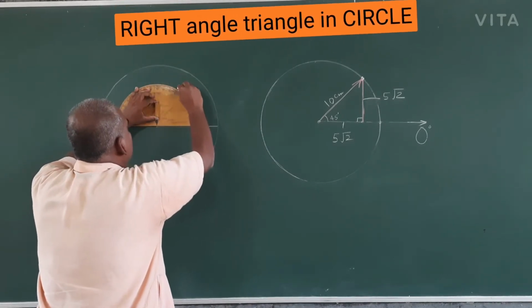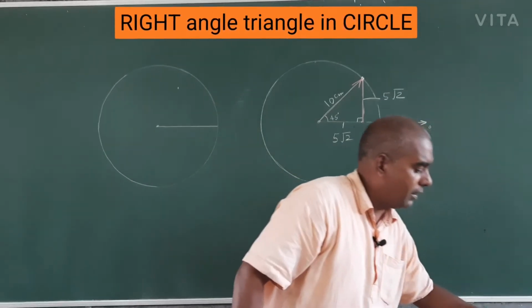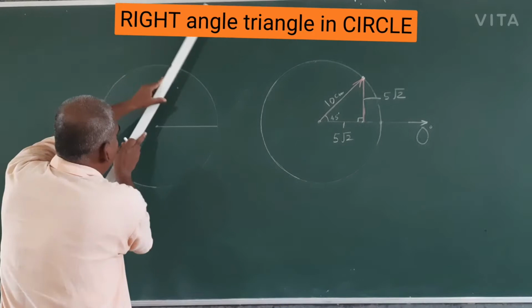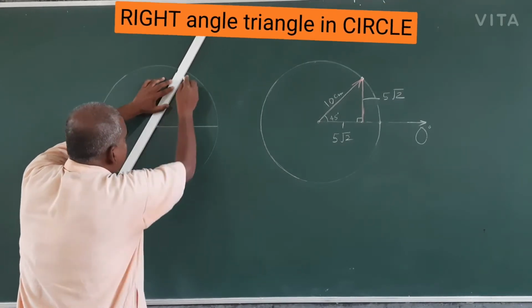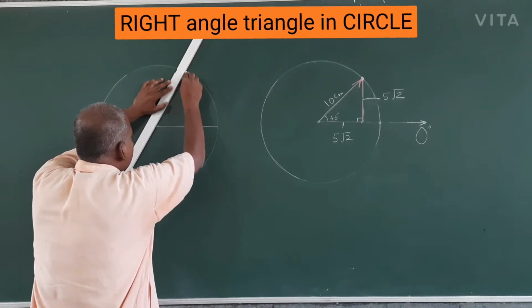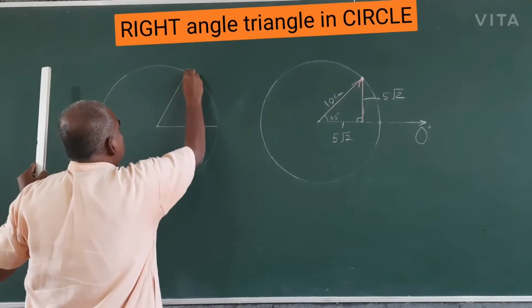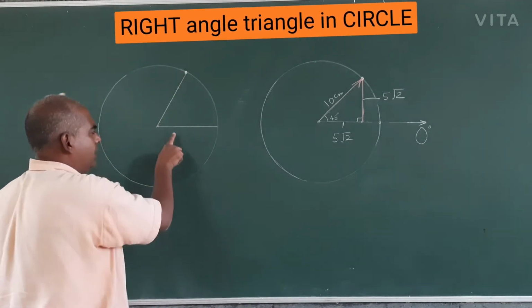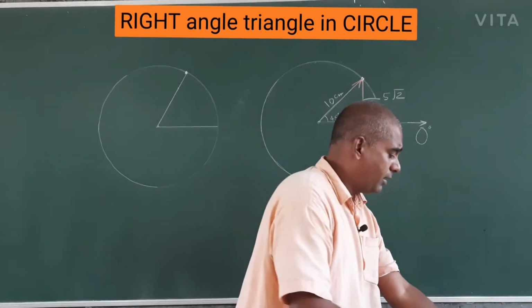This is 60 degree, and again you will get a right angle triangle of radius 10 centimeter. The hypotenuse is fixed here. In all these right angle triangles, the hypotenuse is fixed. This is 10 centimeter, this is 10 centimeter, but you will get a right angle triangle.